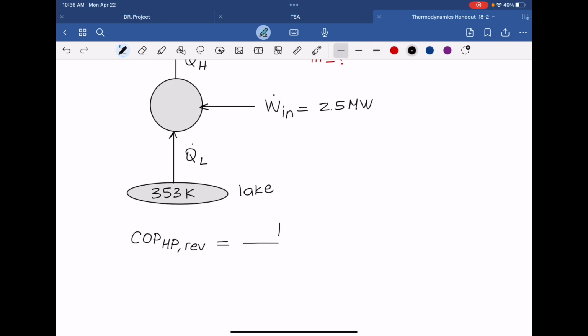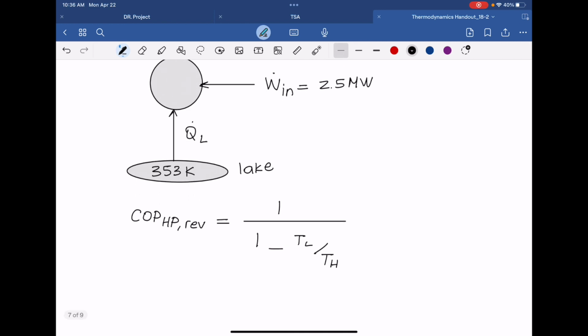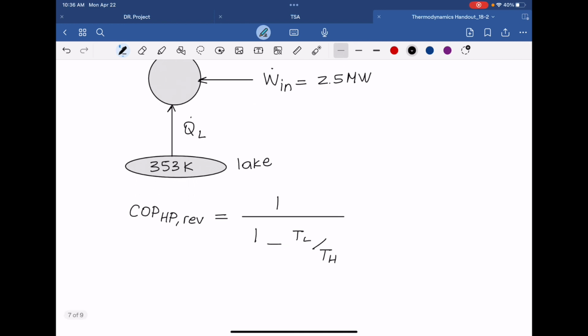It was, I think, 1 over 1 minus TL over TH for the heat pump, okay? So in this case, 1 over 1 minus TL, which is 353, over TH.